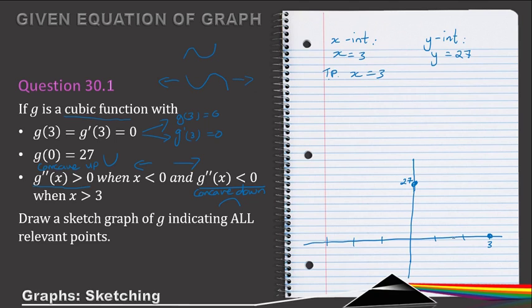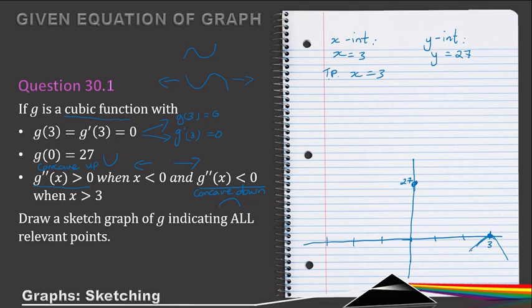Now once again, they say draw a sketch of g indicating all the relevant points. So if I go from negative, if I go back from 0 and then 3, this graph is going to be concave down, and we can say the turning point is going through there.